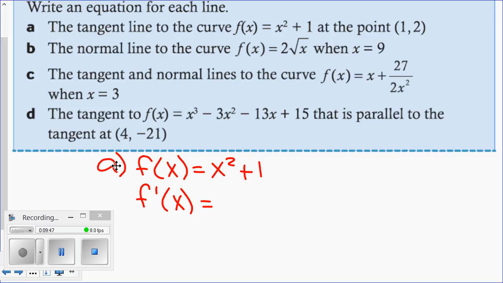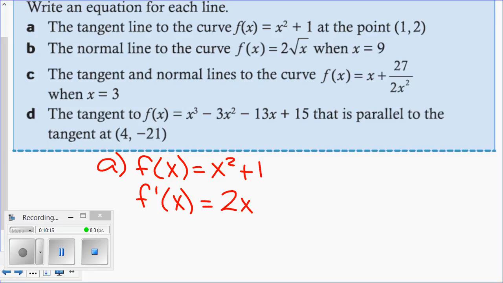2x. Now, we are at the point 1, 2. On the curve, we're at the point 1, 2. So we want to find the slope of the line that's tangent to the curve at 1, 2.